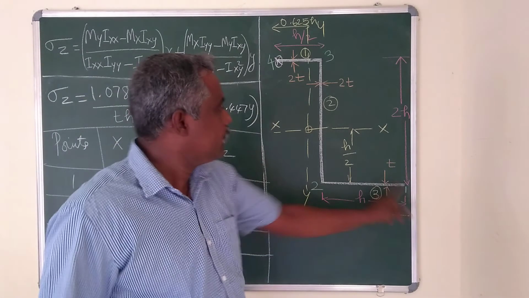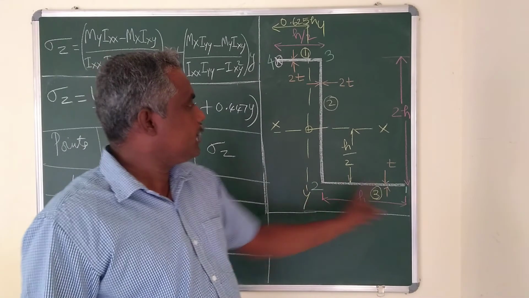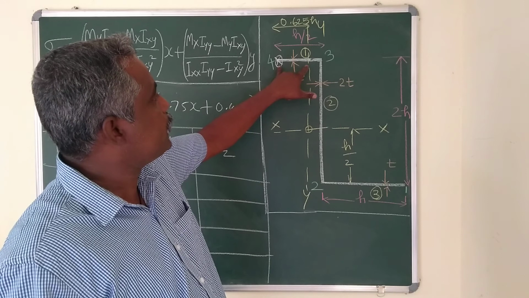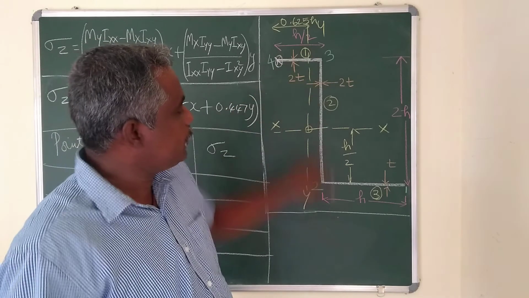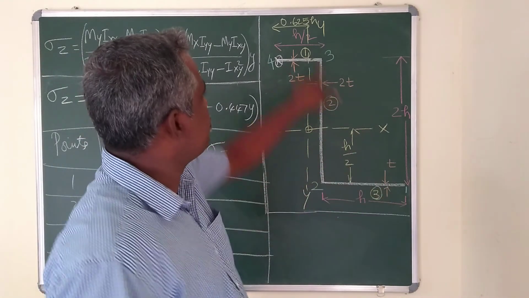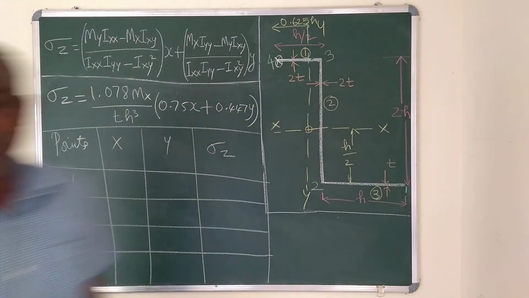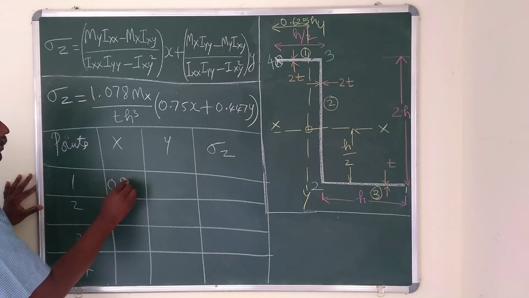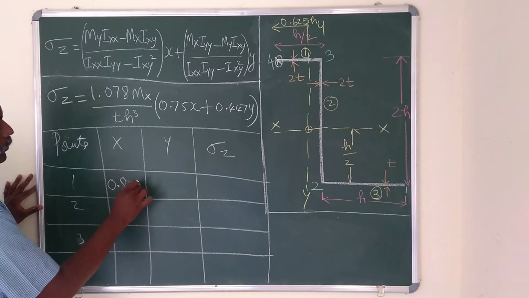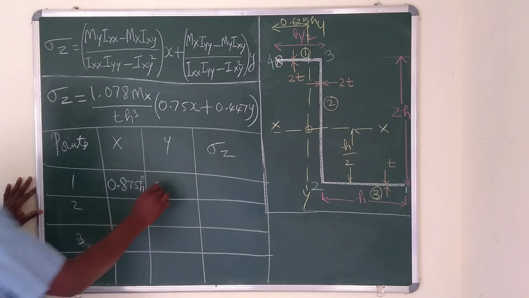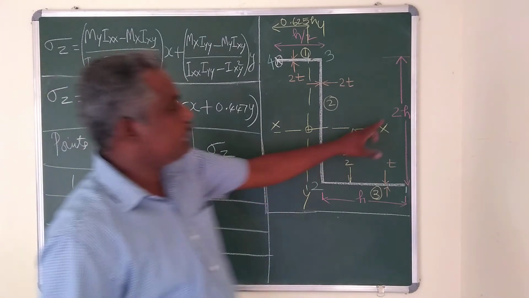Already we knew this: this is 0.625h, this is h by 2, this is h. You can calculate very easily: h plus h by 2 minus 0.625h, you will get 0.875h. The y value is minus h.